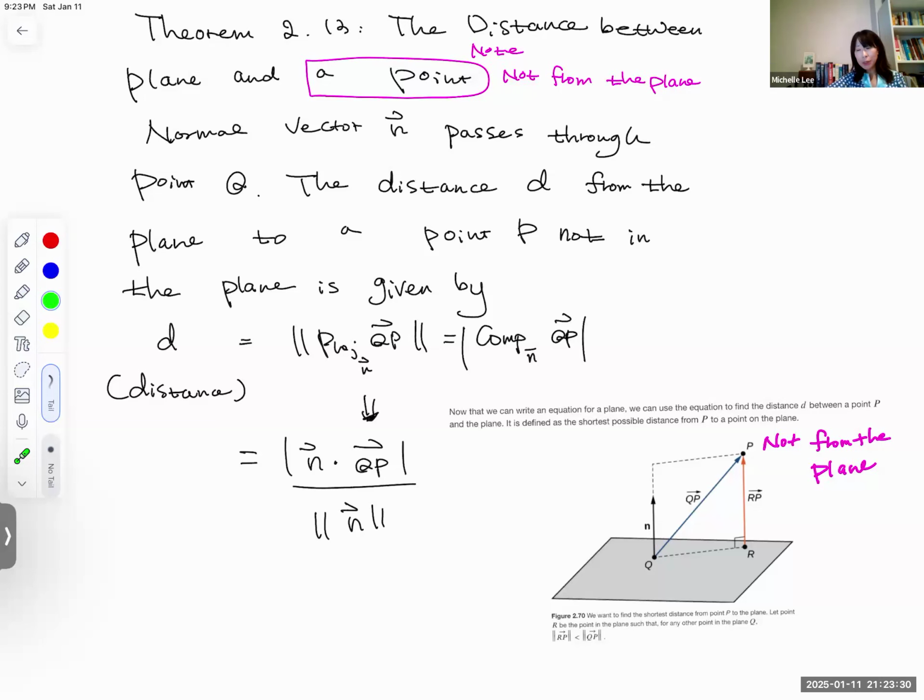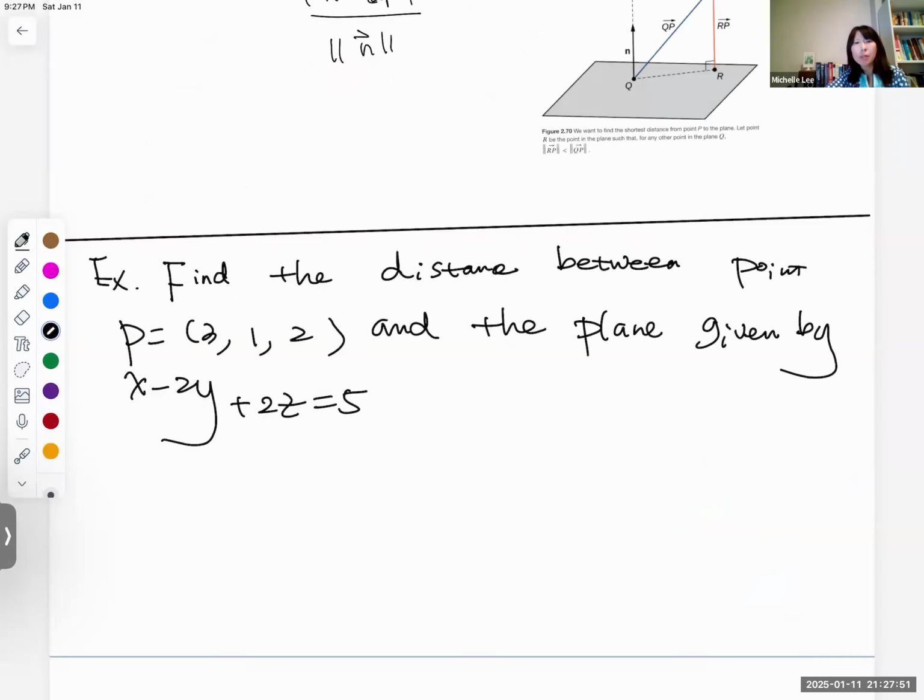So let's do an example so we understand this one. Okay, so here is an example. Find the distance between the point and the plane given by x minus 2y plus 2z equal to 5. So this point is not from that plane, right?